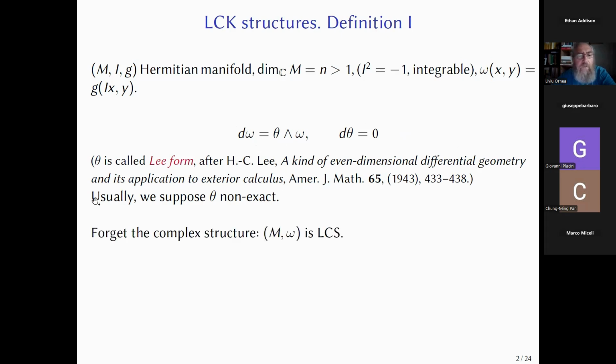Of course, we don't want theta to be exact. When it is exact, we talk about globally conformally Kähler. There is also the version without complex structure, which is called locally conformally symplectic, a field of interest in its own right.